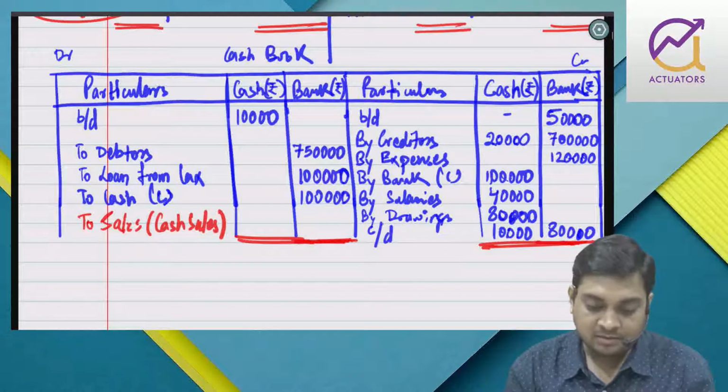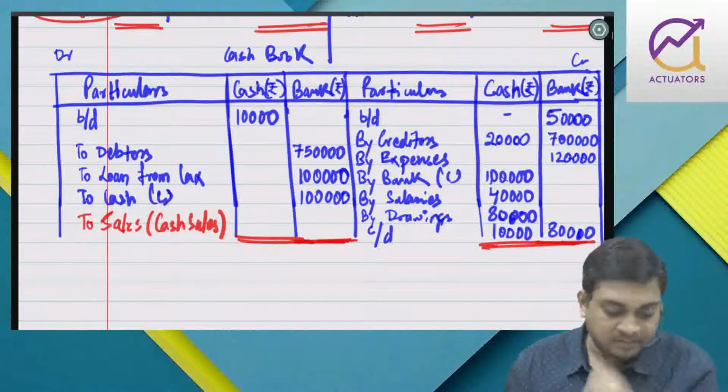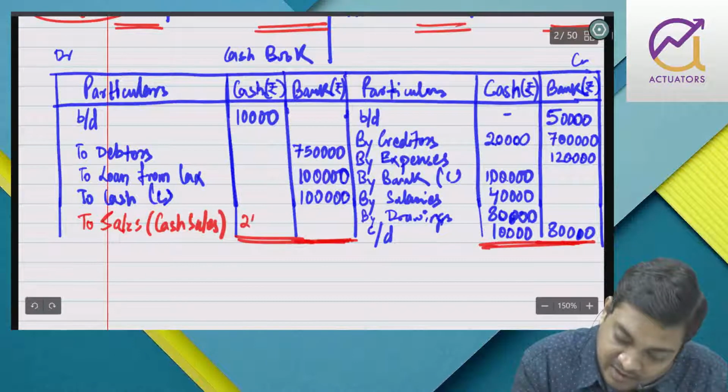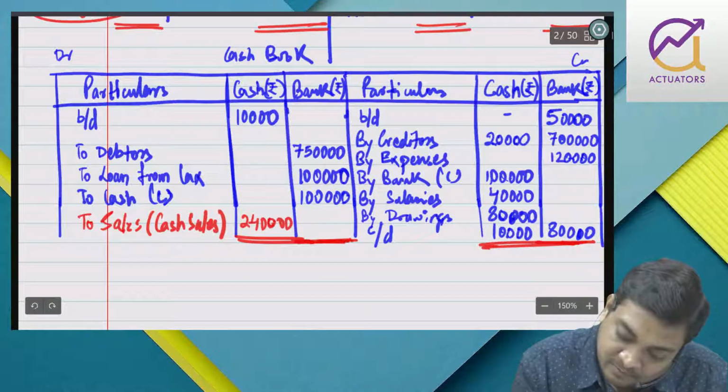So 20,000 plus 1 lakh plus 40,000 plus 80,000 plus 10,000 minus 10,000. So here we are getting 2 lakh 40,000.